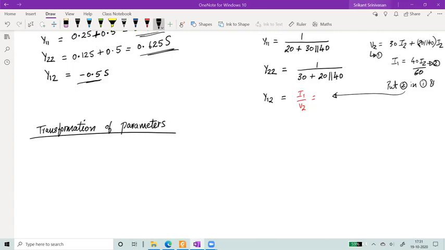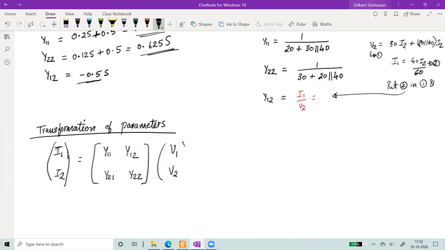So in this case, we said that I1, I2 can be written as Y11, Y12, Y21, Y22 times V1, V2, right?